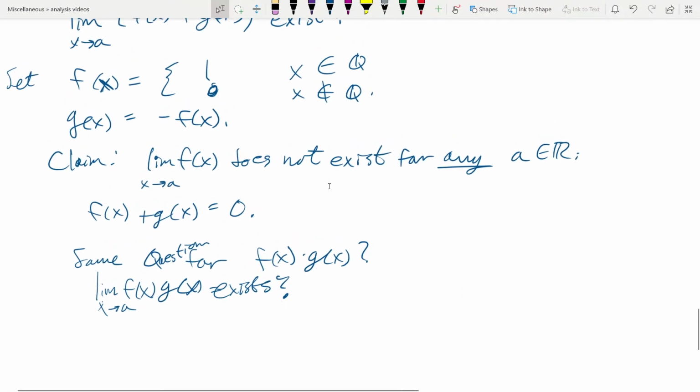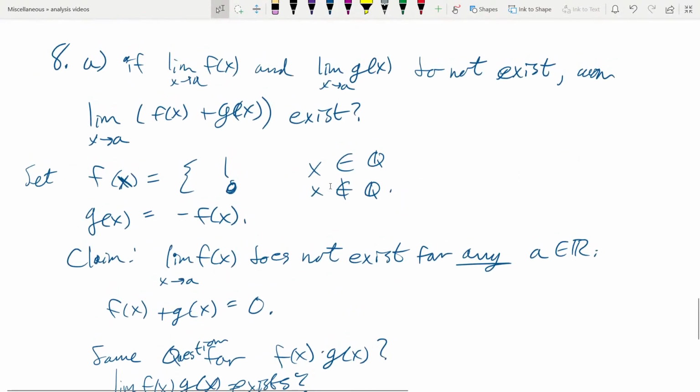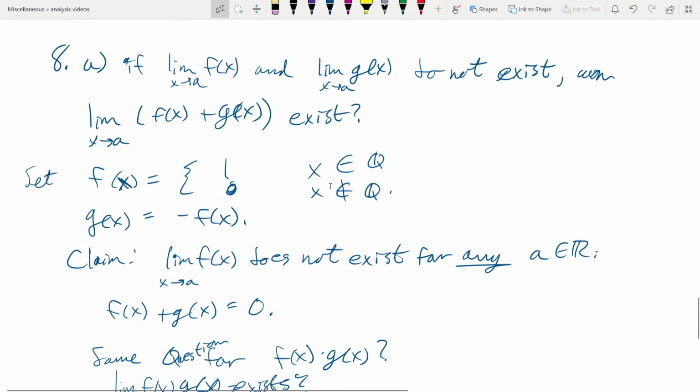And right, I should have mentioned this at the start. We know that when each of the limits separately does exist, the limit of the sum will exist. We have a sufficient condition for the limit of the sum to exist. But what this example is showing is that this sufficient condition is not actually necessary.